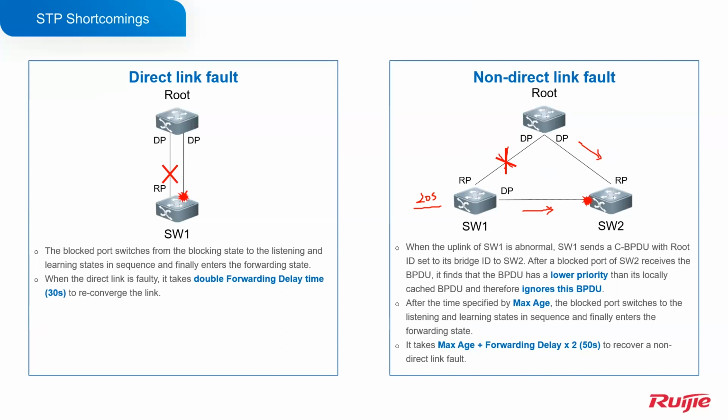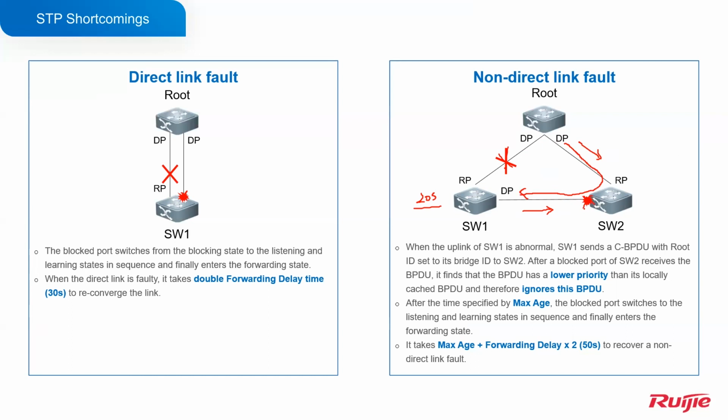Of course, SW1's BPDU has a lower priority. So SW2 knows that, okay, I should forward the BPDU from the root to SW1 because it's better. In this way, SW2 will open this port, the alternate port.